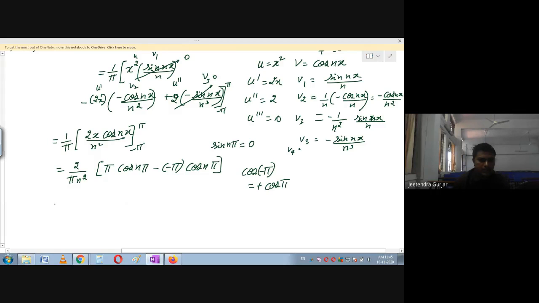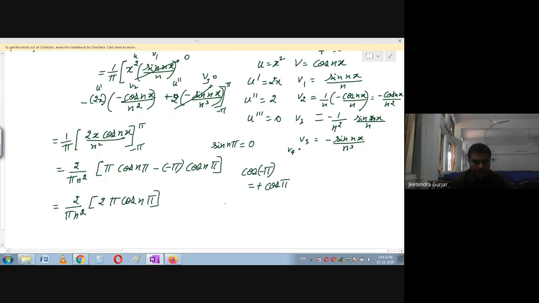Now substitute here, this is equal to 2 pi n square remain here, students. This is pi cos n pi, minus into minus plus, pi cos n pi will become 2 pi cos n pi, students. So already I have given the formula list.